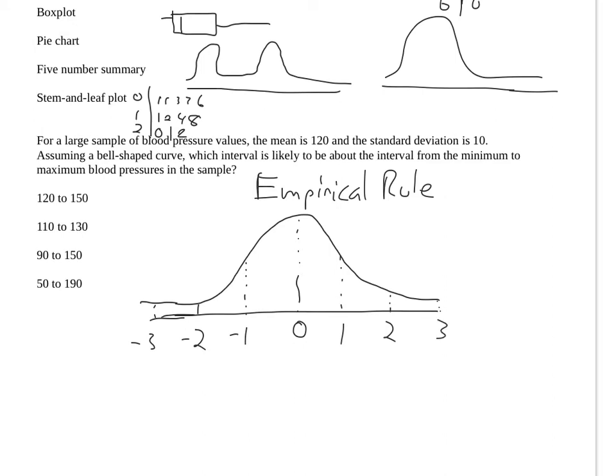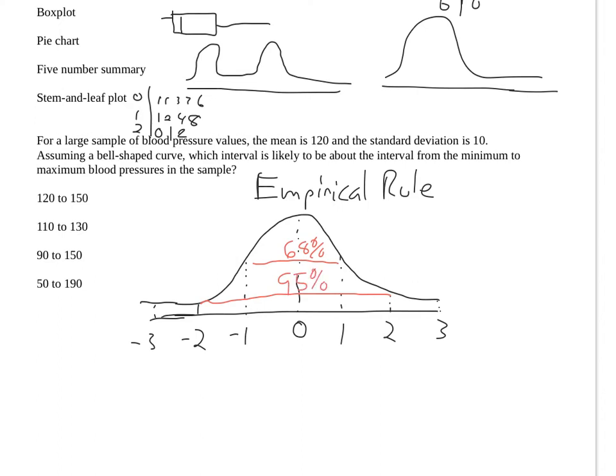Right? The empirical rule states that between 1 standard deviation below and 1 standard deviation above the mean, you should have roughly 68% of your data. Between 2 standard deviations below and 2 above, you should have 95% of the data.